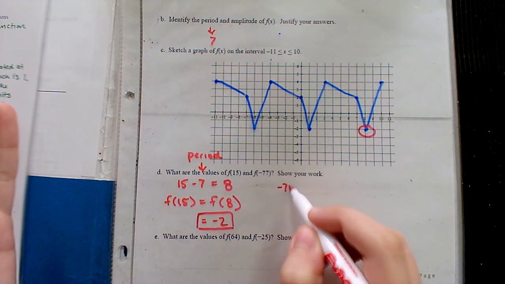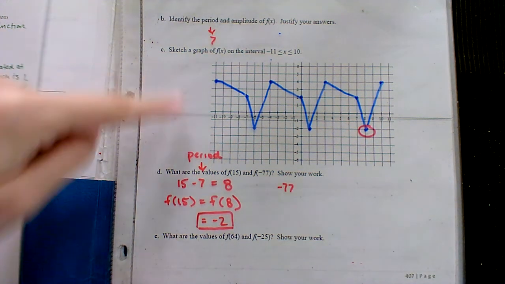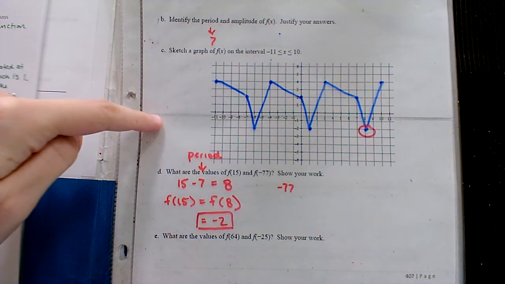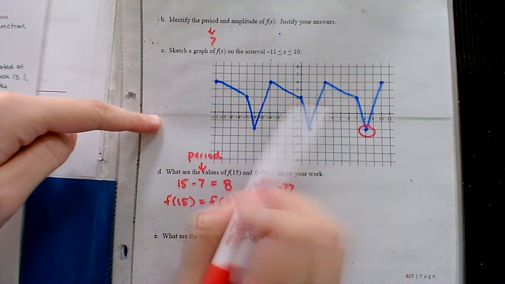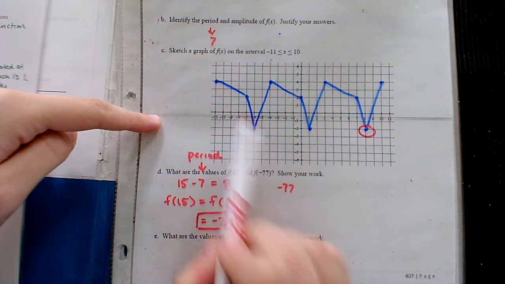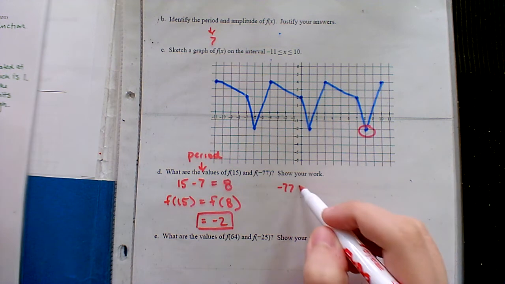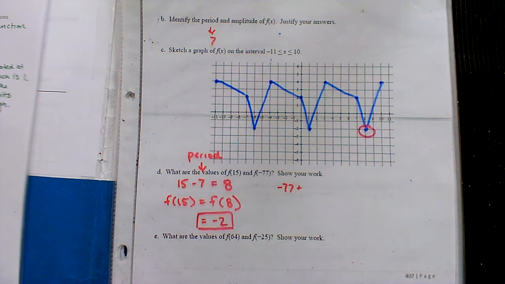So negative 77 is way off our graph to the left. That means we're going to have to add some periods so that we travel to the right and we eventually land somewhere on here. Now the question is, how many periods do you want to add? Because if we just add 7, we'll be at negative 70, and that's still really far off our graph.